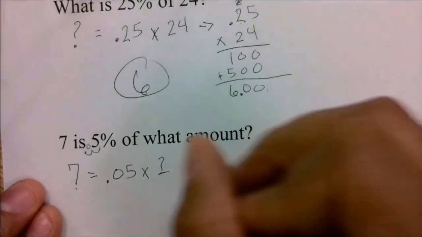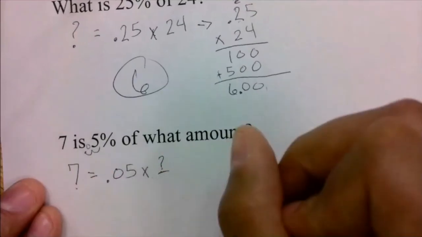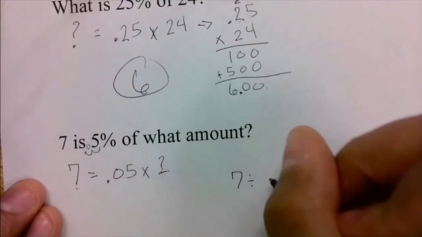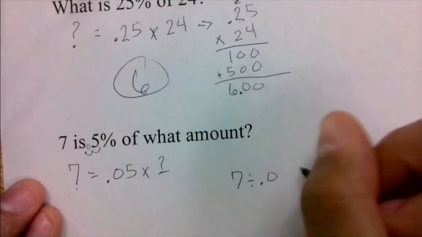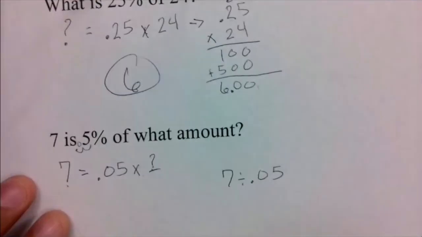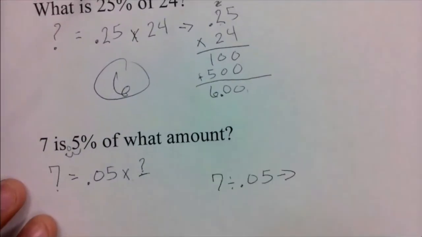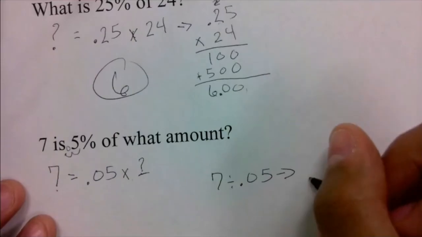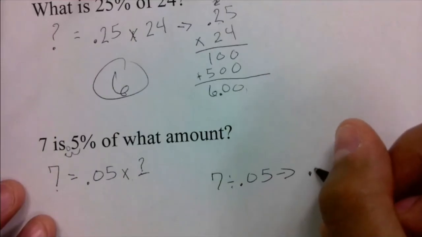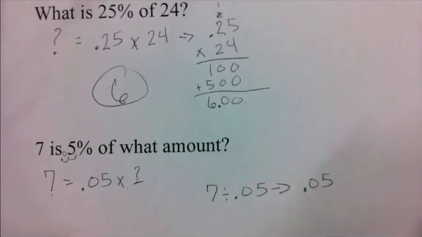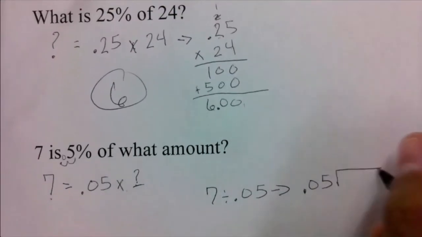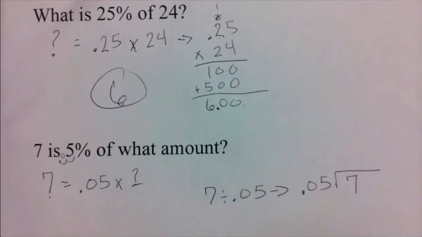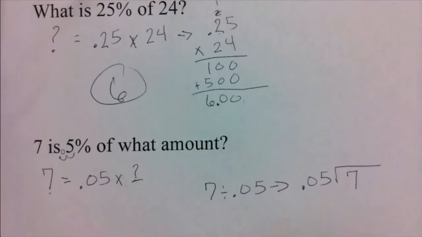So if I do 7 divided by 0.05, that gives me 0.05 on the outside of our box, 7 on the inside. And we should definitely know how to do this.